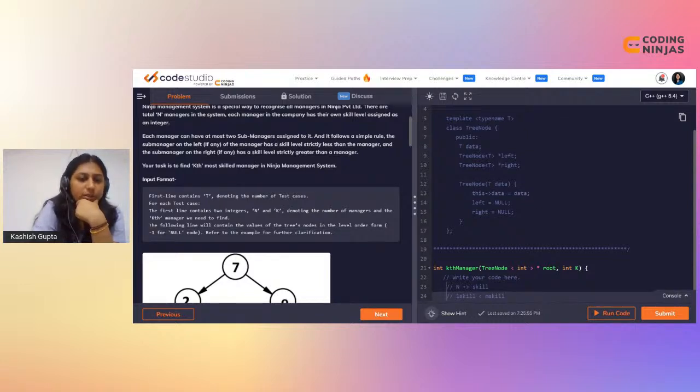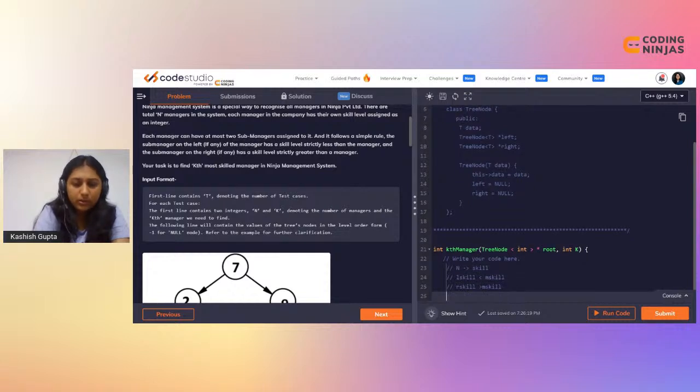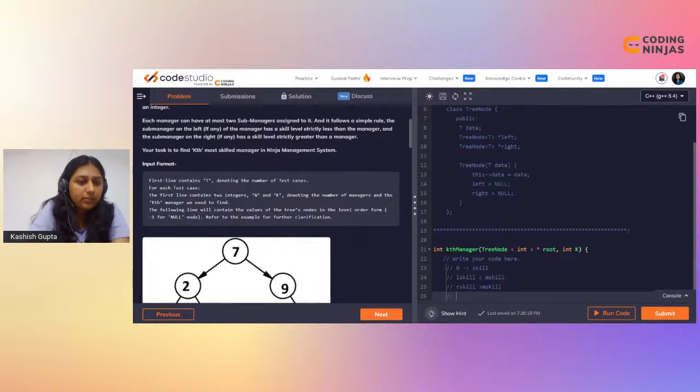It's not necessary that it will have two sub managers. There can be only one or none at all. And the sub manager on the right has a skill level greater than the manager. Okay, so this is a BST.